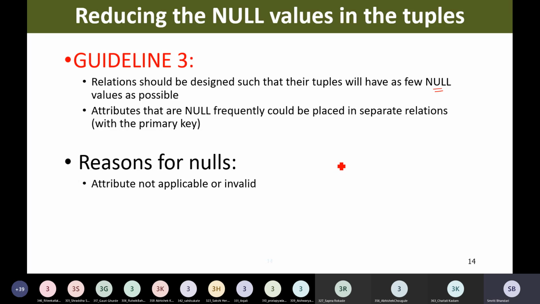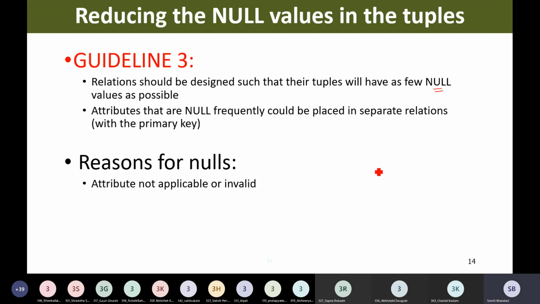Many times it happens that we are designing a relation and there are a few attributes that are not applicable for all the records. I'll repeat, we may come up with a design such that a few of the attributes are not applicable to all the records or tuples that we are storing in the relation.